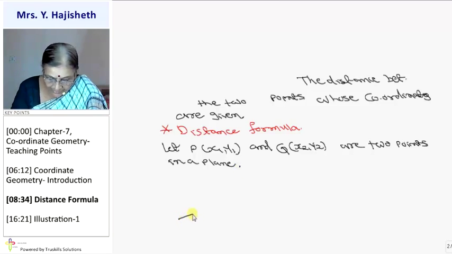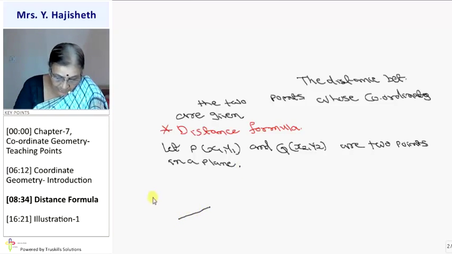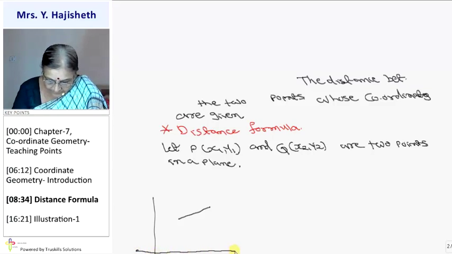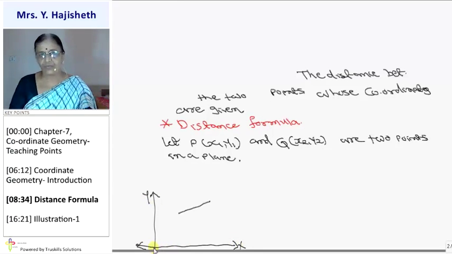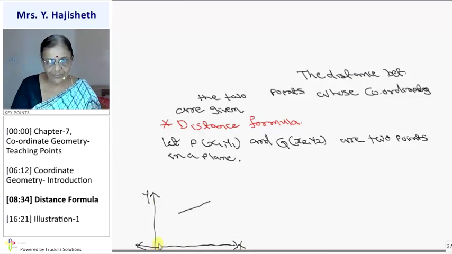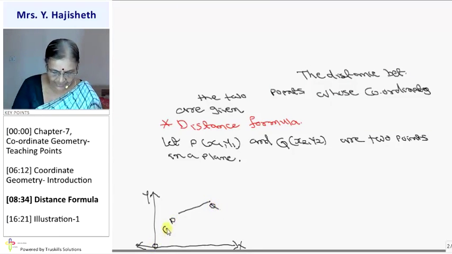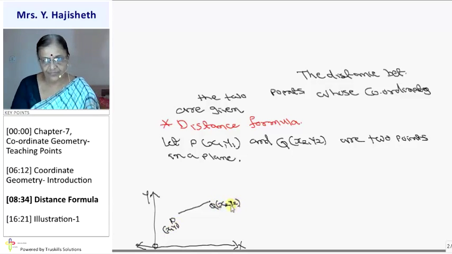So, for that, in the XOY plane, this is my point O, okay? And suppose this is my point P and this is my point Q. P's coordinates are given as x1, y1 and Q's coordinates are given as x2, y2. Clear?